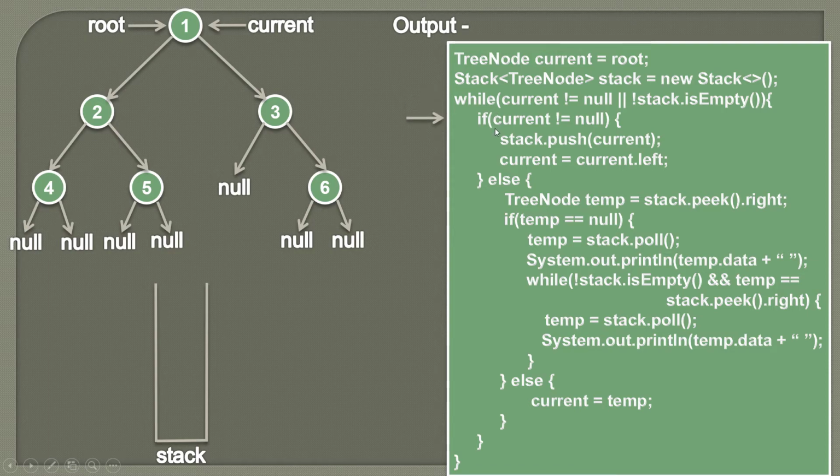Here you can see, in the first step we check if current is not equal to null, then we go inside this if block, or else we perform the other logic. Why we provide this condition: let's say current is pointing to a node having data 1, and suppose we want to visit this node. If current is not equal to null, then we can't directly visit this node.